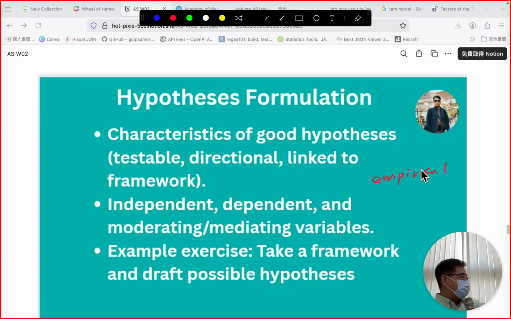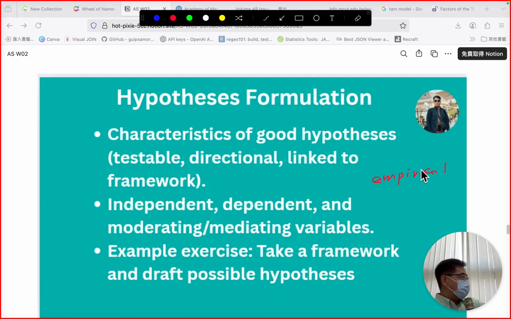It guides you to generate a relationship between the concepts or constructs. So the hypothesis formulation is based on literature review, based on the theory, not based on the data collection. Data collection is testing the hypothesis, not formulating hypothesis. So we have to formulate the hypothesis first.